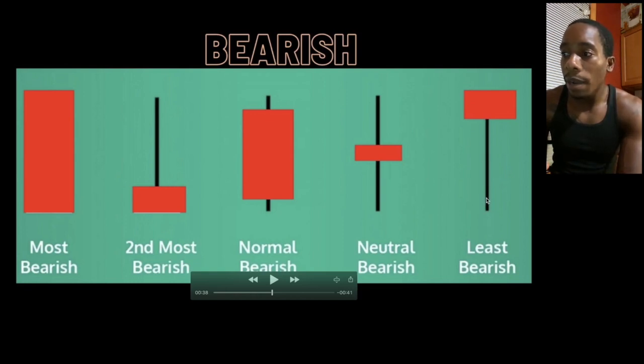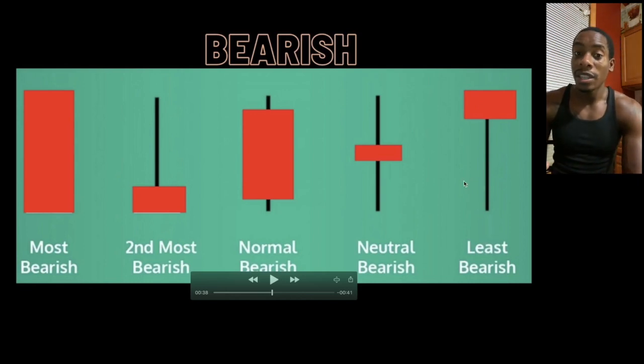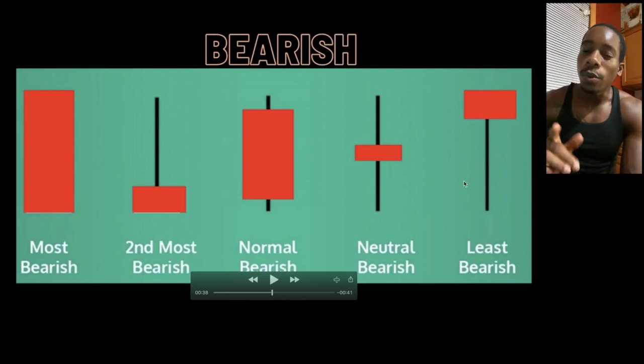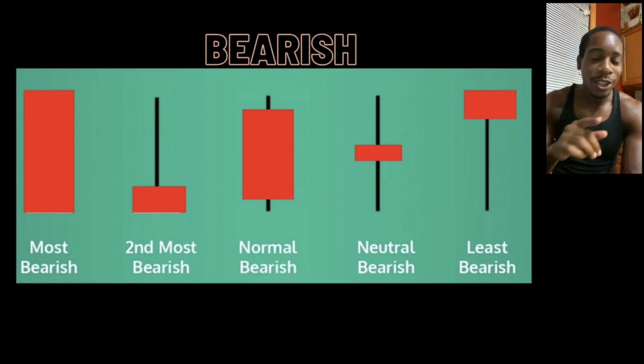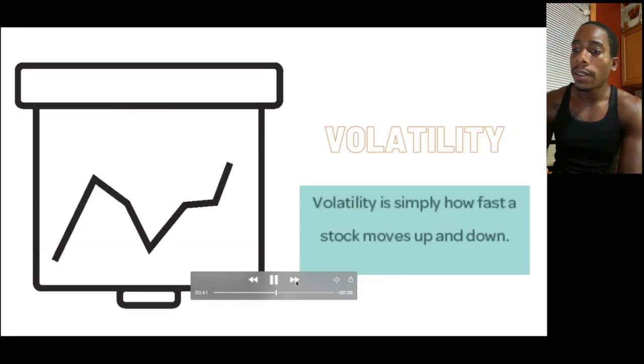These are all the buyers that are resistant against this candlestick pushing downward, right? And this is why this will be the least bearish. Once you see that, you know it's about to take a turn, right? So let's keep on moving, right?